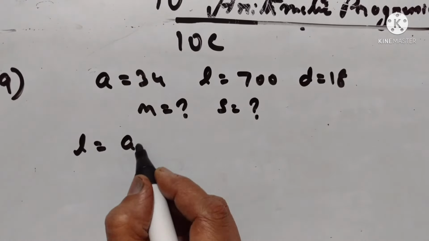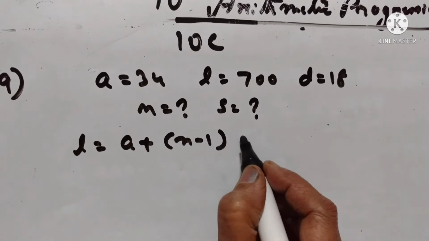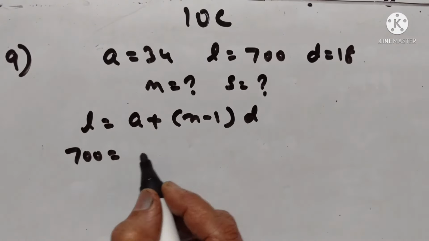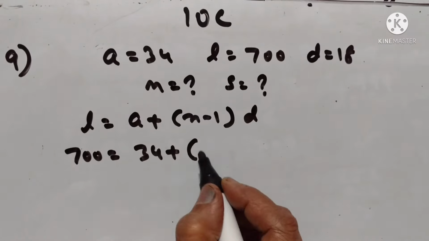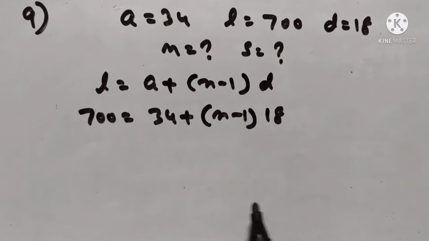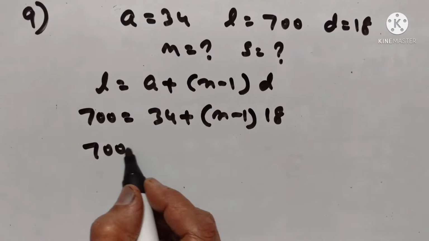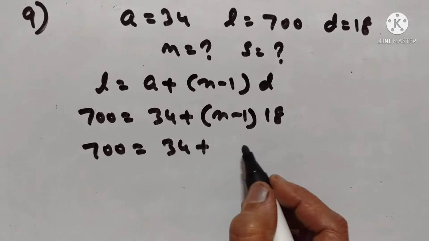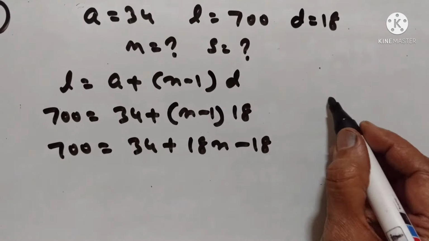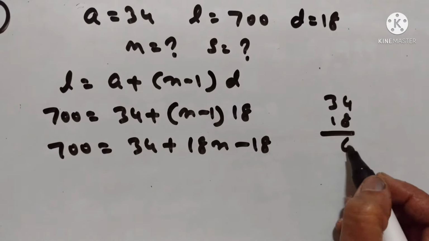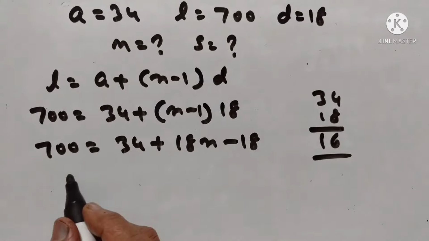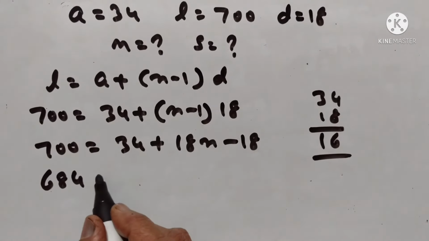L is equal to A plus (N minus 1) D. L is equal to 700, A is equal to 34, N minus 1, D is equal to 18. 700 is equal to 34 plus 18n minus 18. 34 minus 18 is 16. 700 minus 16 is 684.